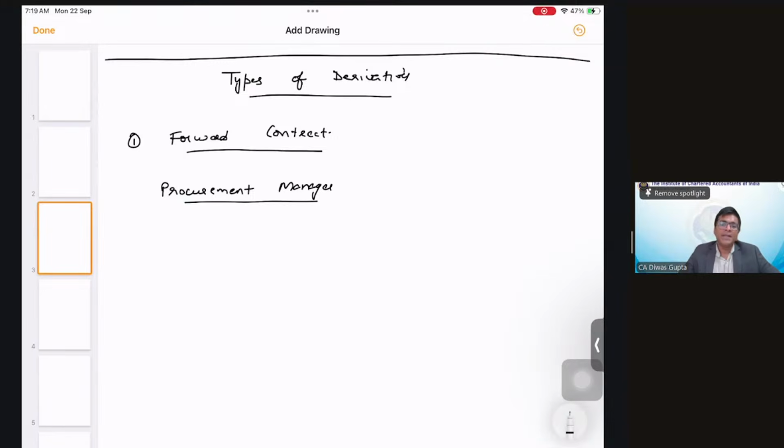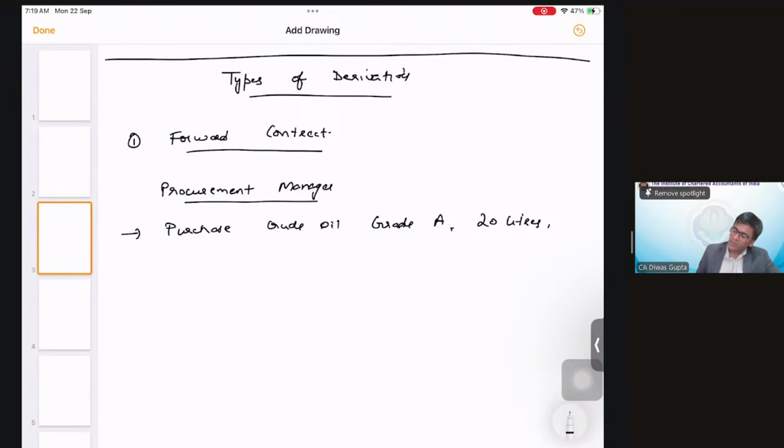So there is a company in which there is a procurement manager, and that procurement manager has been given a task to procure crude oil. Let me write it specifically, to purchase crude oil. It has also been defined that grade A crude oil needs to be purchased. How much? 20 liters, the quantity.